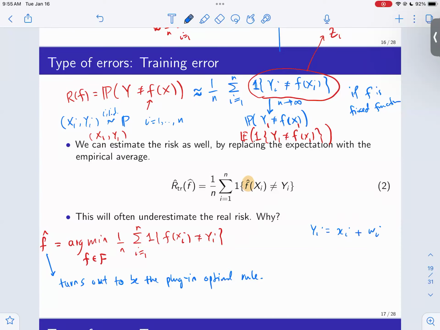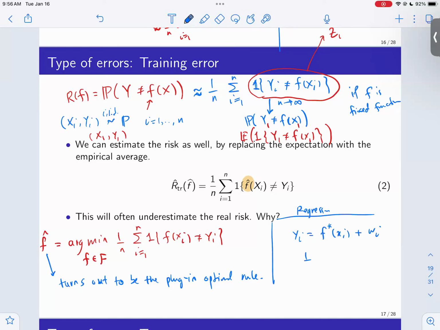So I know that there is additive noise in each observation. Let's say f star. There's a true function that I'm trying to estimate. So the regression example is f star of xi.